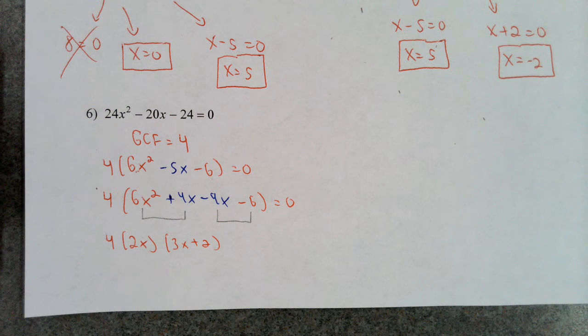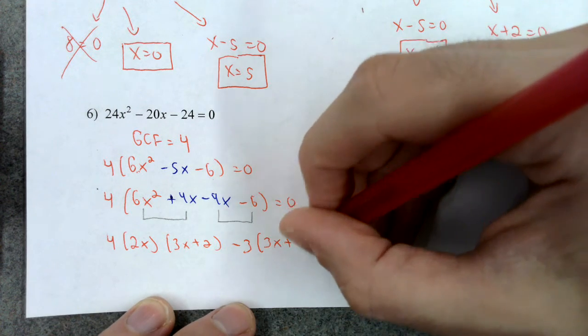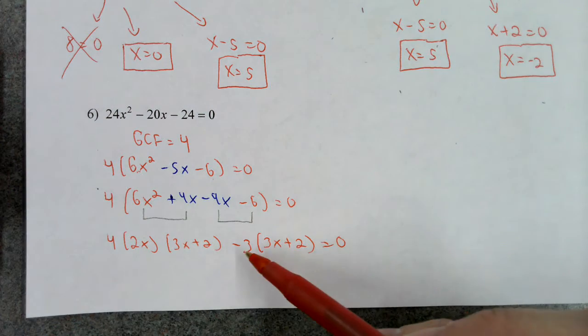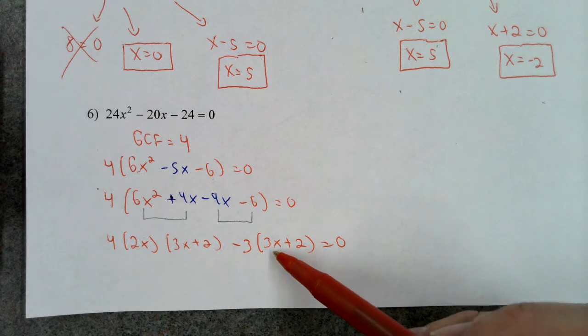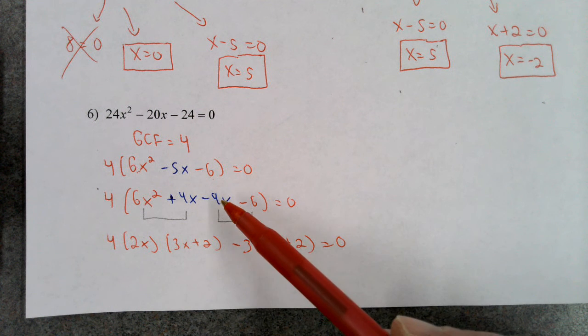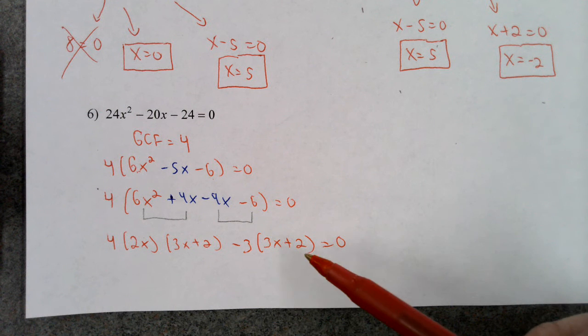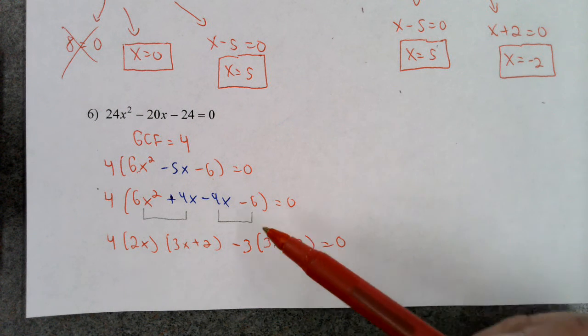The second group has a GCF of negative 3. I'm going to take out negative 3. Because if I take out negative 3, it leaves me with 3x plus 2. Because negative 3 times 3x gives me negative 9x. And negative 3 times 2 gives me negative 6.